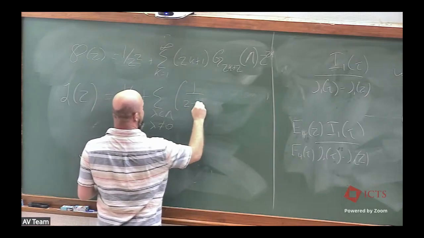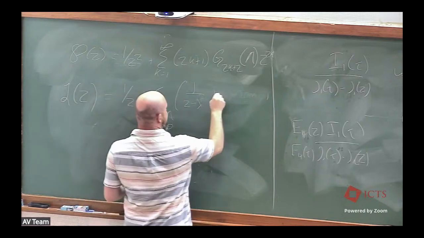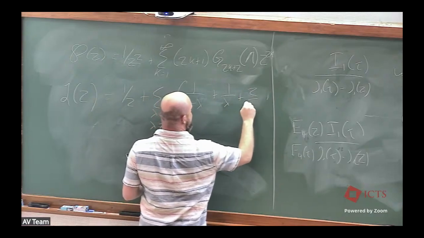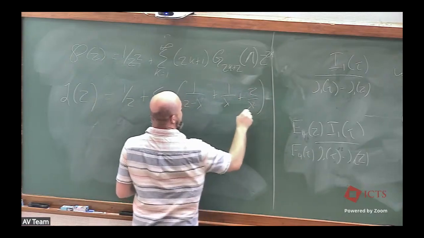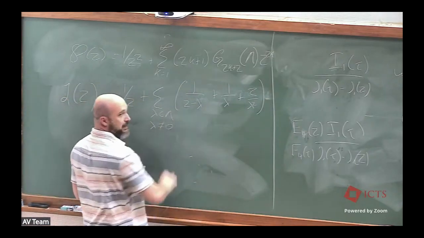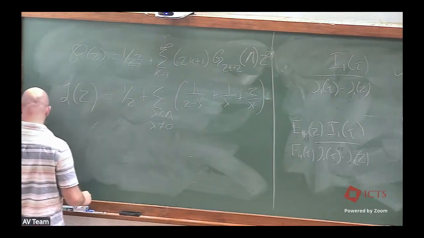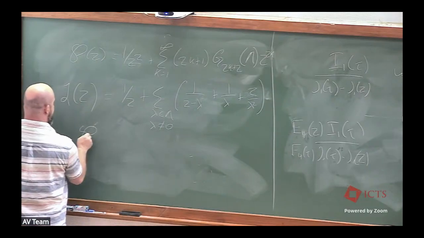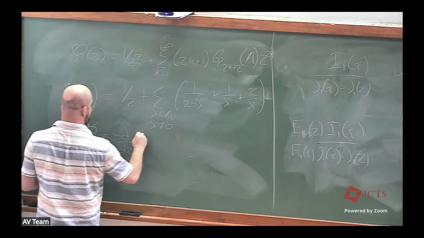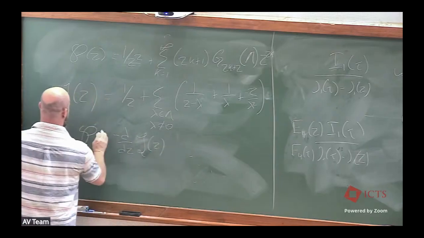We're going to start with 1 over z minus lambda, but then I need to add 1 over lambda plus z over lambda squared. This is what I need in order to make my sum converge. Now we have this property that the Weierstrass p function is equal to the negative derivative of our zeta function.